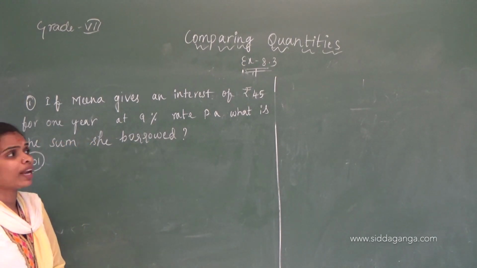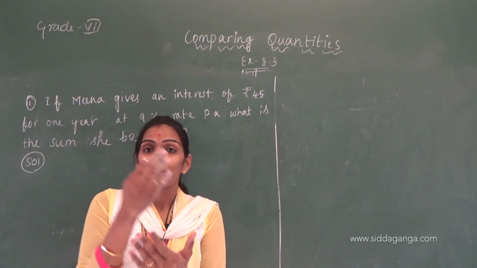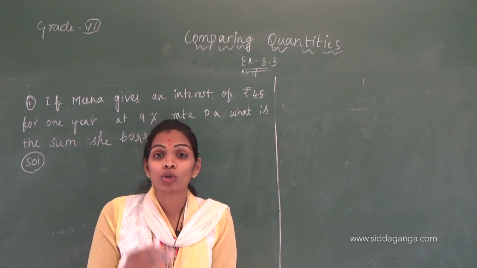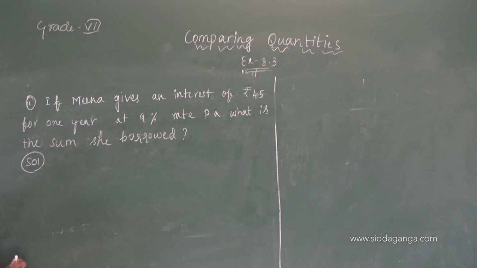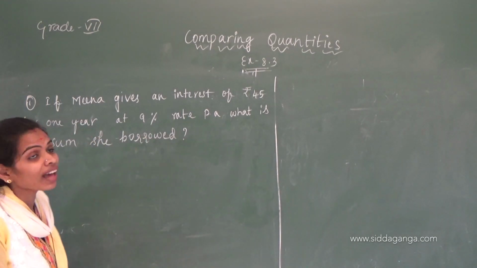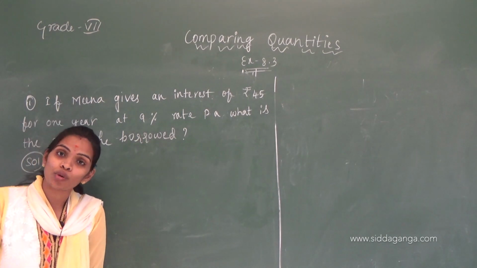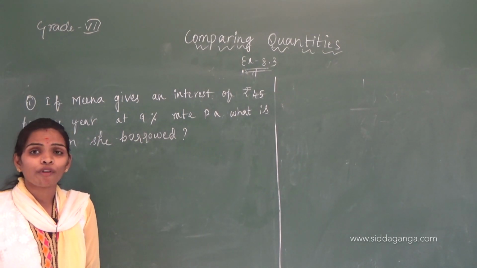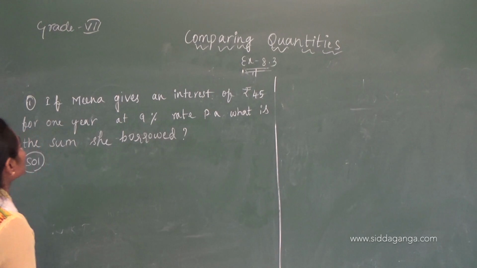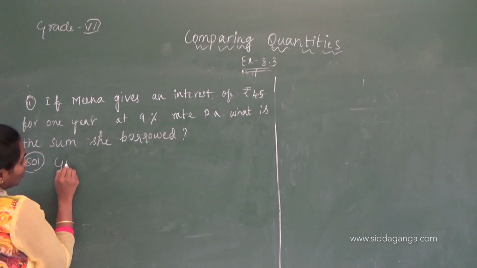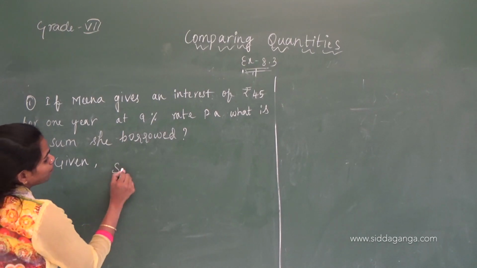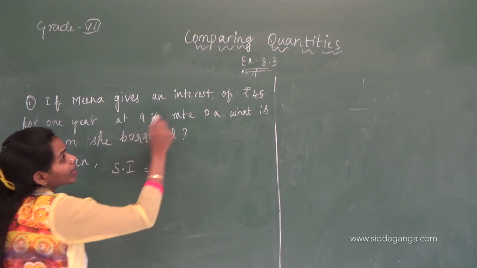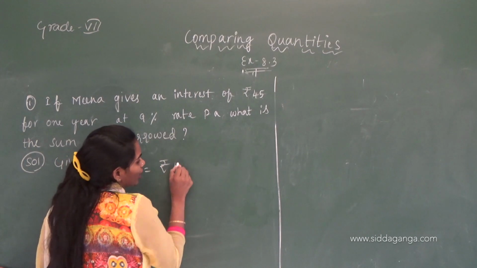To find the principal amount, we have one formula, that is P equals R into T divided by 100. First we have to mention all the given things in the question, and then substitute them in the formula, then we will get the answer. Given: simple interest is rupees 45.